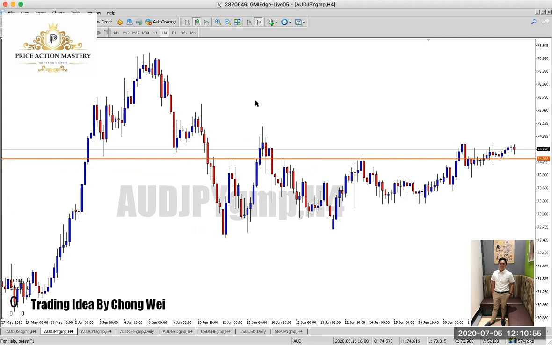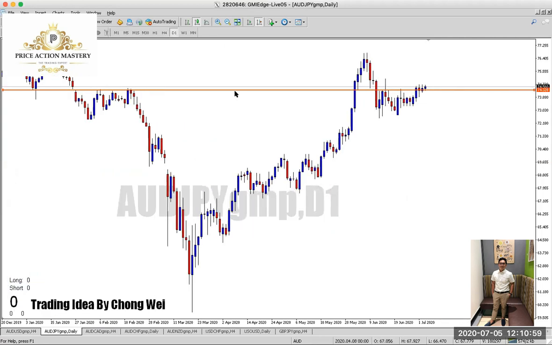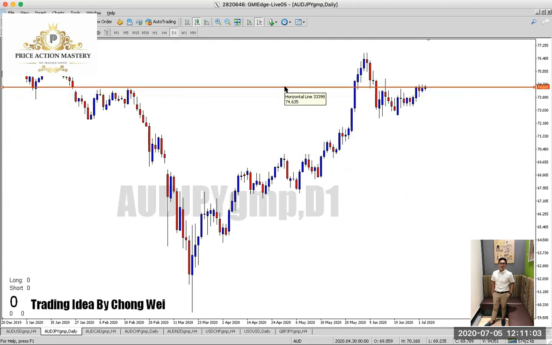Another one will be AUD JPY. This is our key line area, so a lot of sellers will be entering sell here.